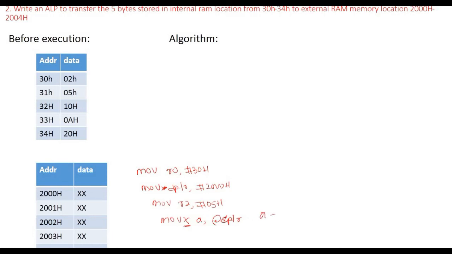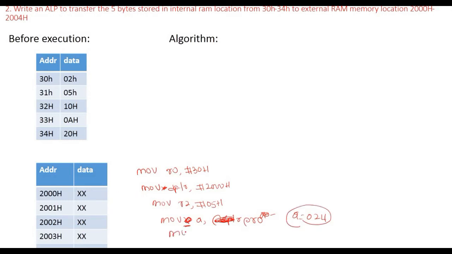We have stored the data in the internal memory location, right? So for that it is actually MOV A, @R0. Okay, MOV A, @R0. So now A will have 02H, and this 02H we need to move into 2000H.